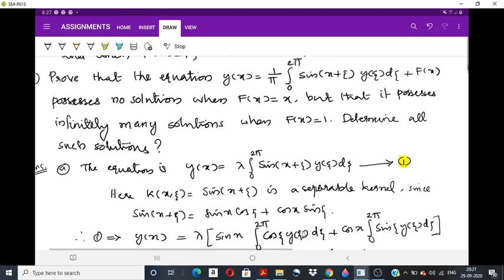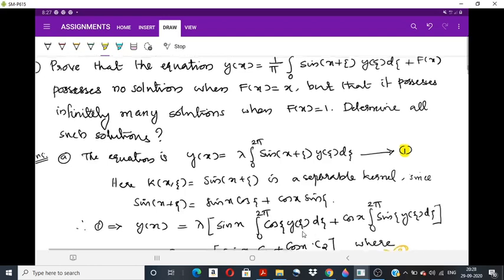Using the trigonometric identity, sine of x plus theta can be written as sin x cos theta plus cos x sin theta. So f1 of x we can take as sin x, g1 of theta as cos theta, f2 of x as cos x, and g2 of theta as sin theta.